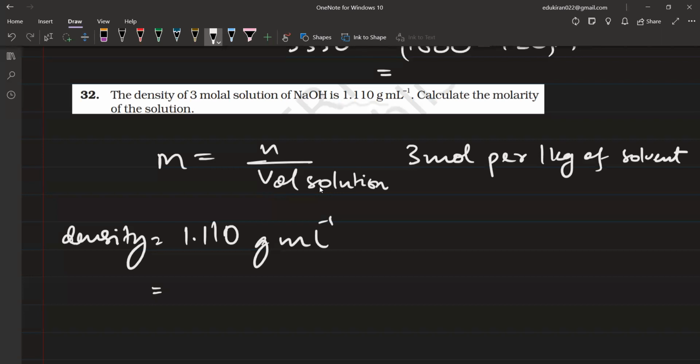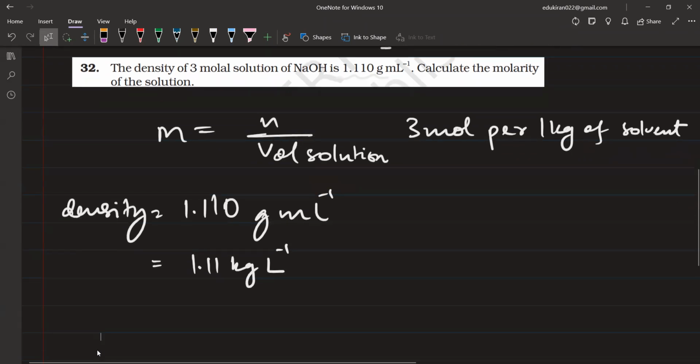That means this will be equal to 1.11 kg per liter of solution. 1.11 kg per liter of solution.